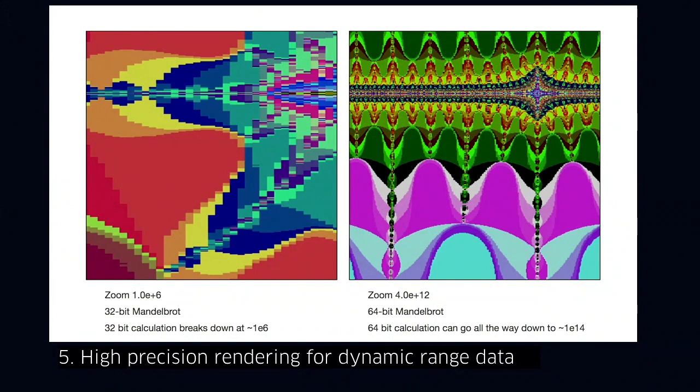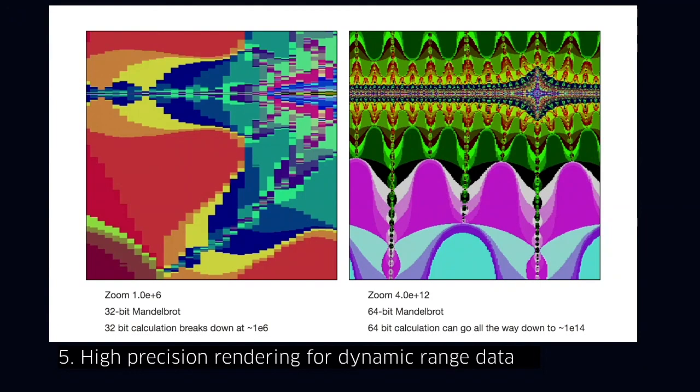Finally, something that we've worked on that we're really proud of is high precision rendering for dynamic range data. This is a challenge that happens with a lot of geospatial libraries: currently WebGL only supports 32-bit floats, and that is not enough precision to go from a worldwide view up to intersection level information.